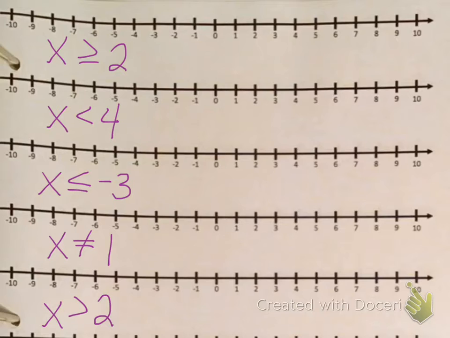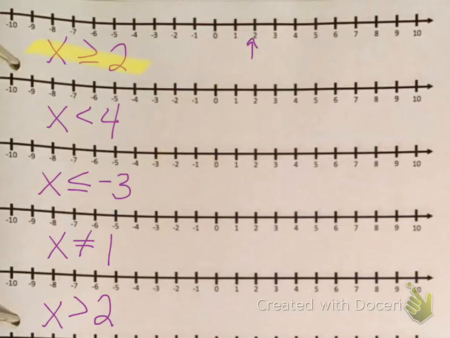We want to graph the inequality x greater than or equal to 2. So x is every solution that we could possibly have to this problem, and that solution must be greater than or equal to 2. On your number line, you're going to start at the number 2.